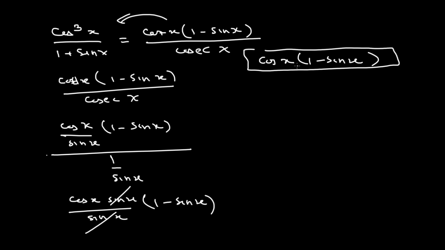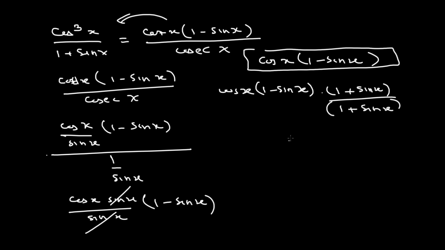So here, essentially, we're just looking for cos squared x, okay, to give us cos squared x. So here, what do we do? We're going to maintain this one, okay. We're going to maintain this, but we're going to multiply with the conjugate of this one. So it will be 1 plus sine x. Then here also 1 plus sine x.